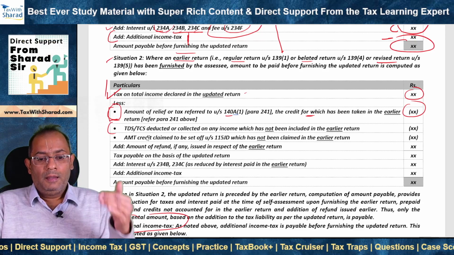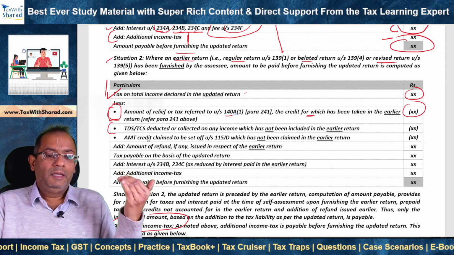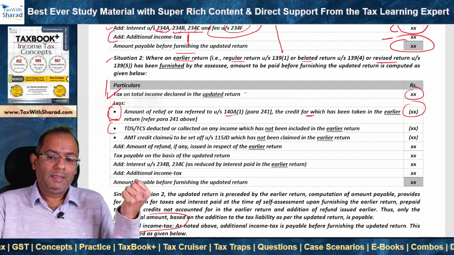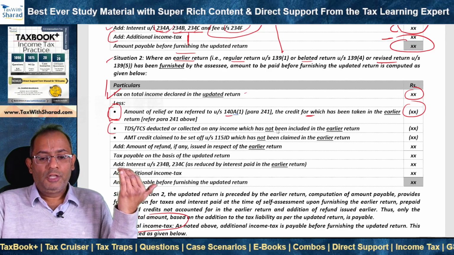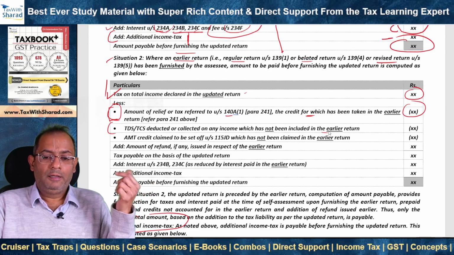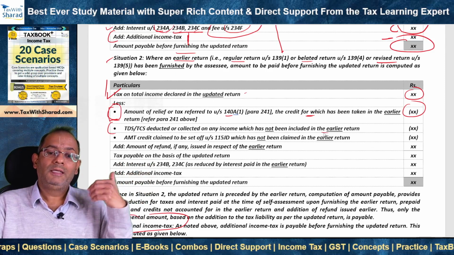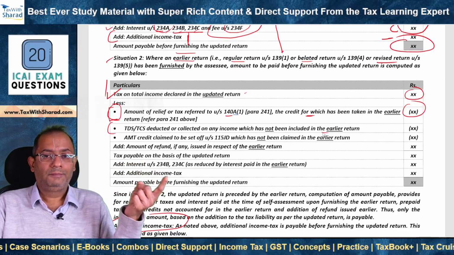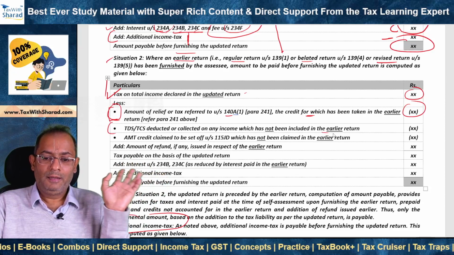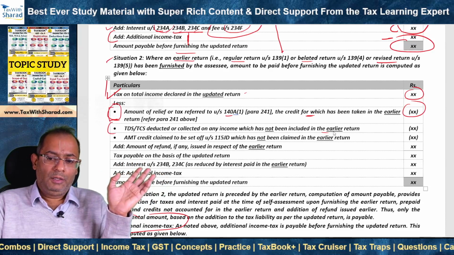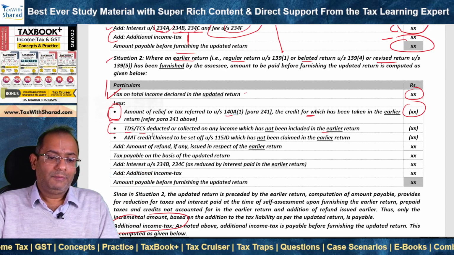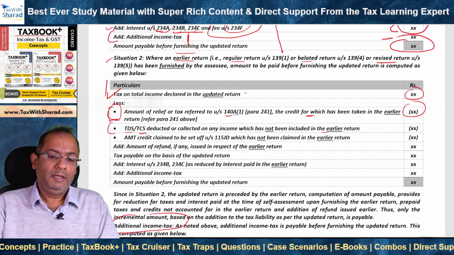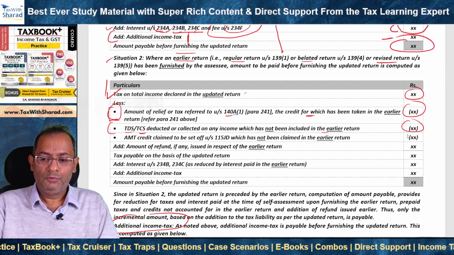Next, there could be some amount of TDS or TCS, right, which has not been included in the earlier return, for which the assessee may not have taken the credit while furnishing the earlier return, right? Therefore, if there is such an amount of TDS or TCS, it also needs to be reduced.